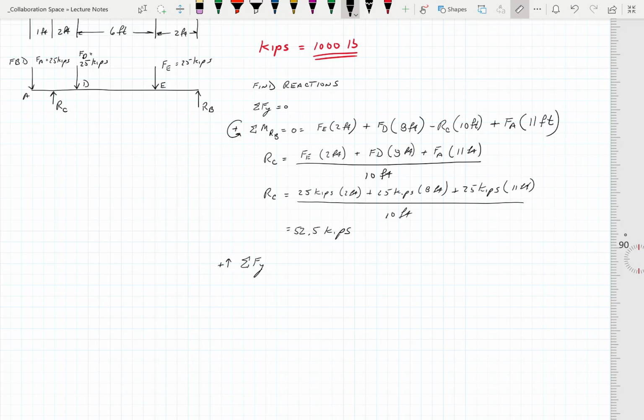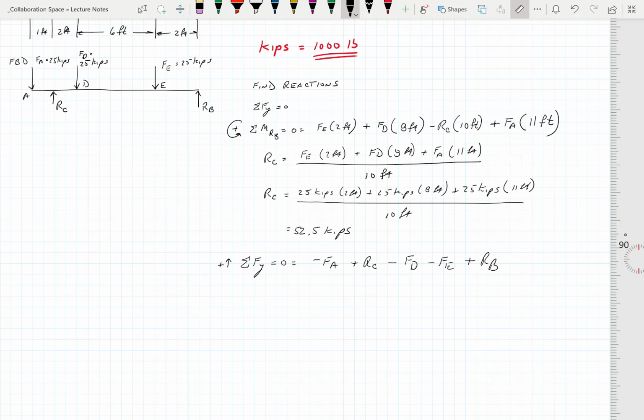I always like forces in the Y to be positive going up. All right, so we got minus FA plus RC minus FD minus FE plus RB. Correct?